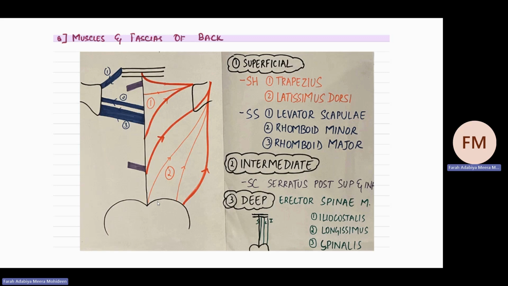They originate from all these points and they insert into the intertubercular sulcus of your humerus. The nerve that innervates your latissimus dorsi is your thoracodorsal nerve, and the function of this particular muscle is to extend, adduct, and medially rotate your upper limb, your arm.